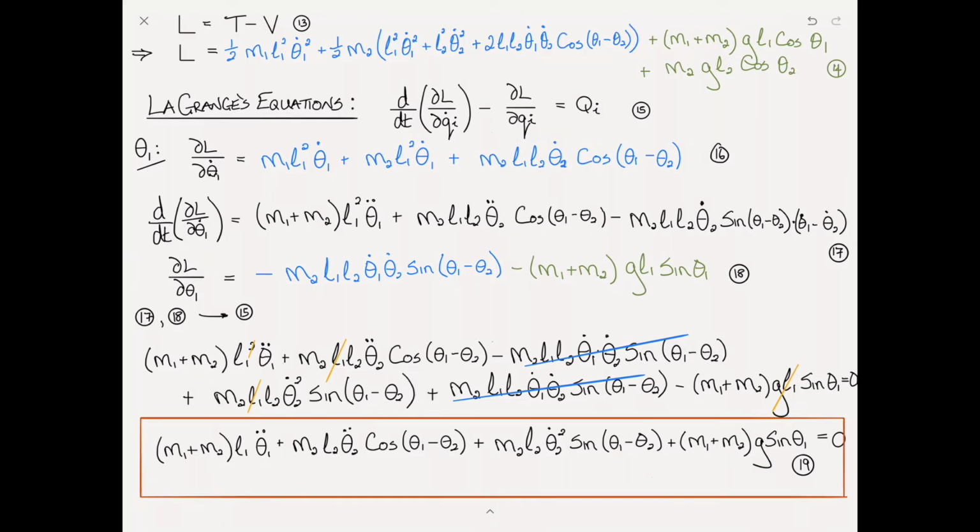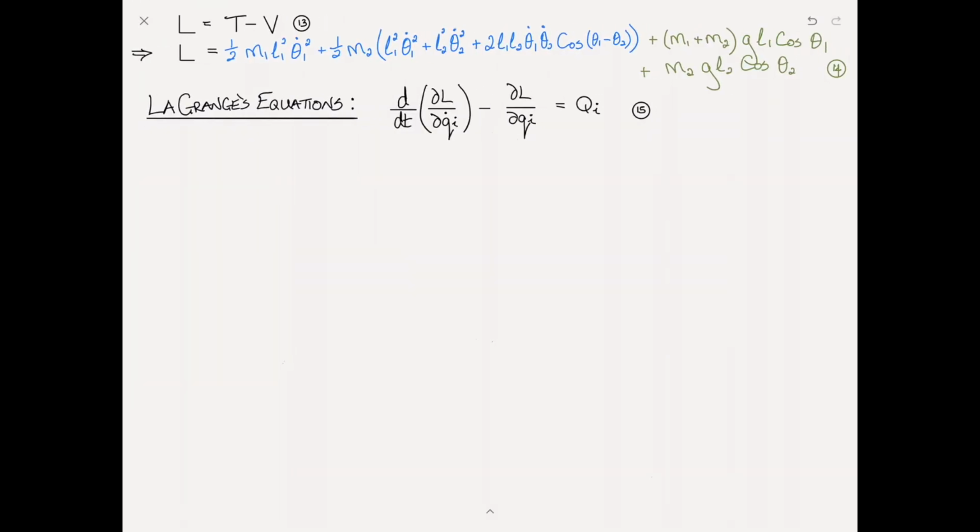In order to find the second equation of motion for theta 2, we proceed exactly as we have before. I copied this down from the previous page, again the Lagrangian, only this time we're taking the derivatives with respect to the theta 2 coordinate. The derivative of the Lagrangian with respect to theta 2 dot looks like that. Again, I've preserved the blue color to show which part of the Lagrangian survives.